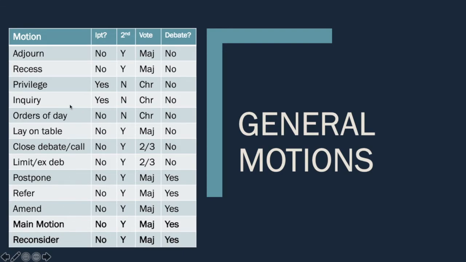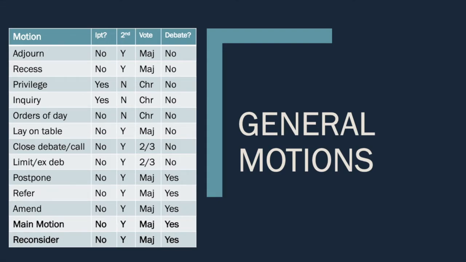Most of the motions on this chart are secondary motions, which are motions to improve upon, change, or dispose of the main motion. You can make these during the course of debating and considering a main motion.